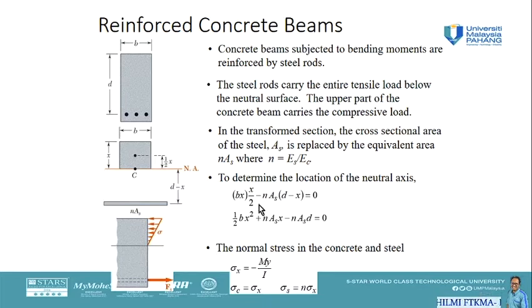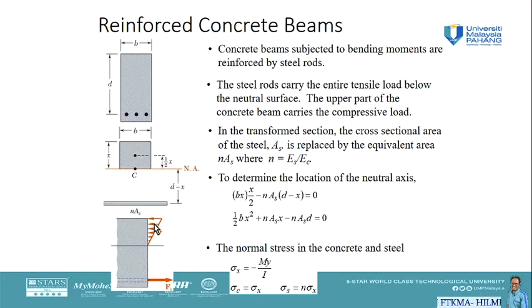Now, the stress in the transform section. Once we know the location of the neutral axis, we can proceed to calculate the normal stress in the transform section. The distribution of the compressive stress in the concrete and the resultant F_s of the tensile forces in the steel rod is shown in this figure here.